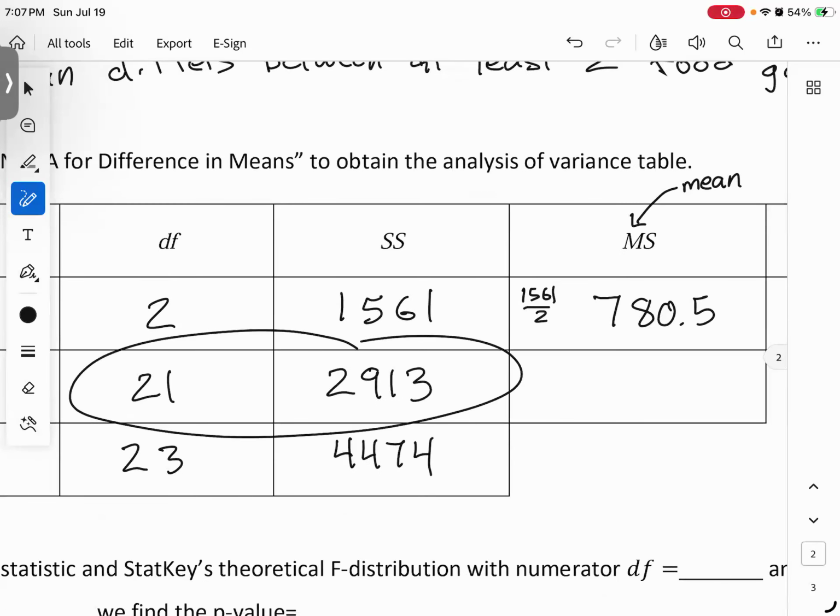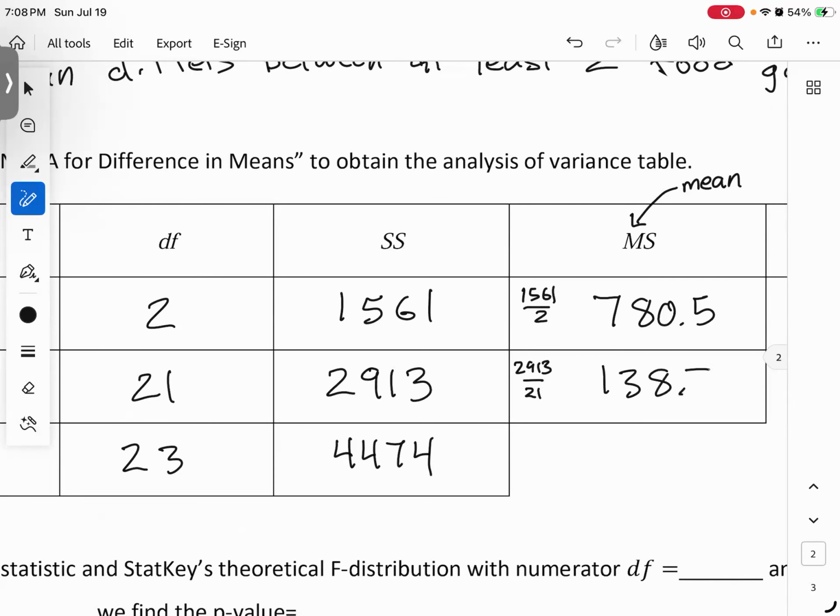Likewise here, if you take the 29, 13 and divide by 21, you'll see that's how Stacky got the 138.7. So what it's doing is it's doing the average amount of sum of squares between the groups, and the average sum of squares, the errors, like the sum of squares within the groups.